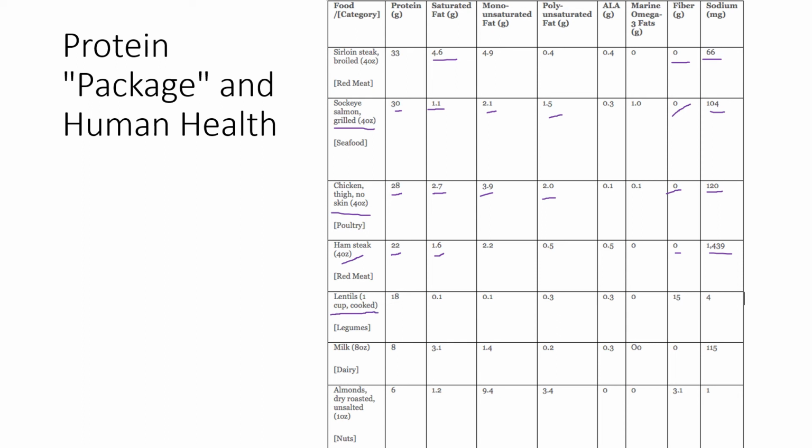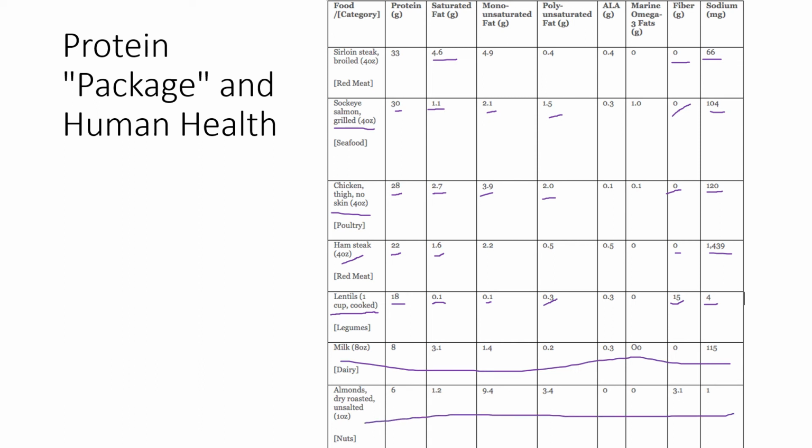Lentils, 1 cup: 18 grams of protein, almost negligible saturated fat, 0.1, very little monounsaturated and polyunsaturated, 15 grams of fiber, and only 4 milligrams of sodium. And again, you can look at the same for milk, and you can look at the same for almonds.